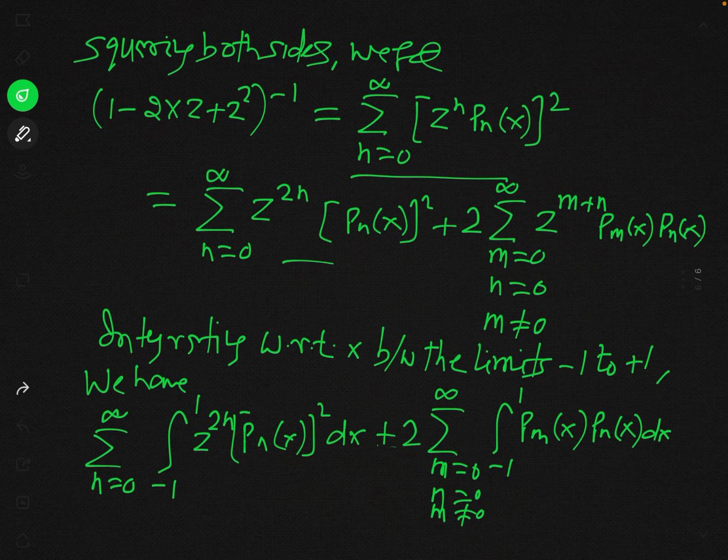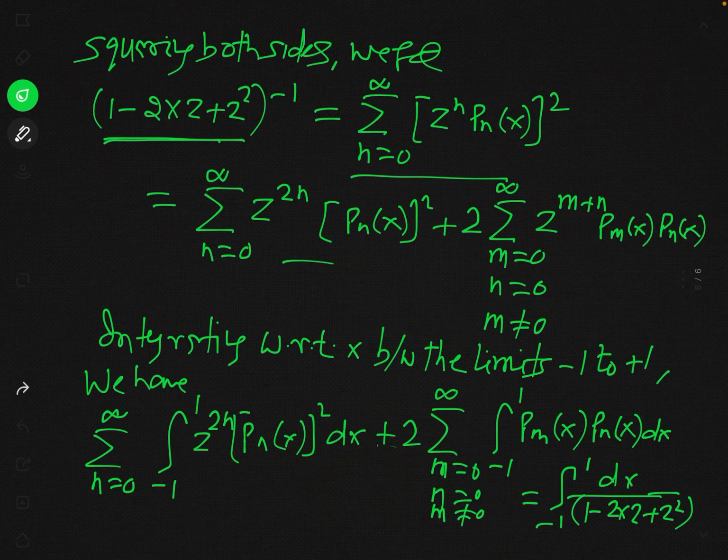I have written the term in the RHS, in fact in this step in the LHS. So now you can integrate this term in the LHS, and this will be simply integral from -1 to +1, dx over, when you write this in the denominator, the power will be +1, so this will be dx over 1 minus 2xz plus z square to the power 1.